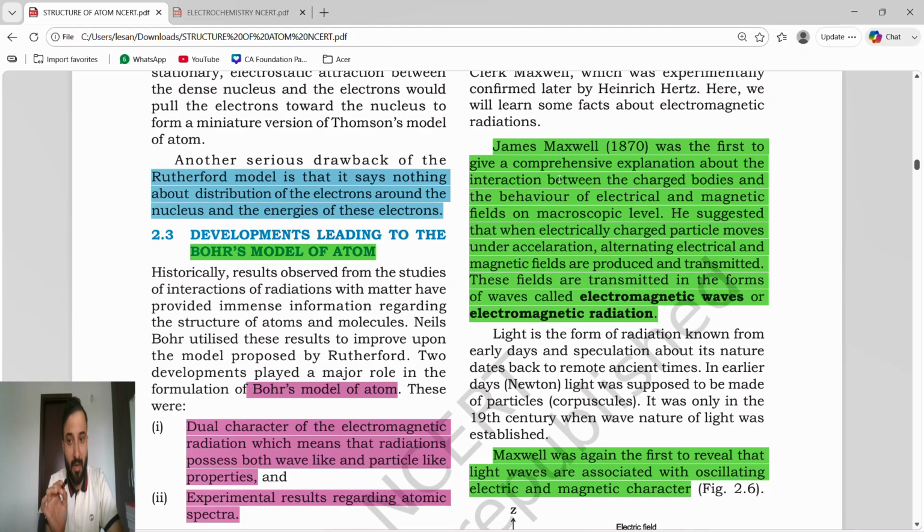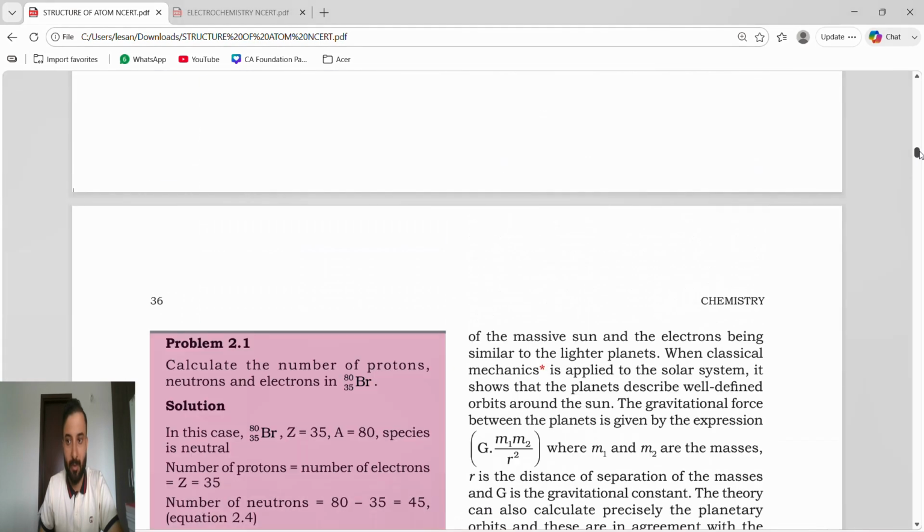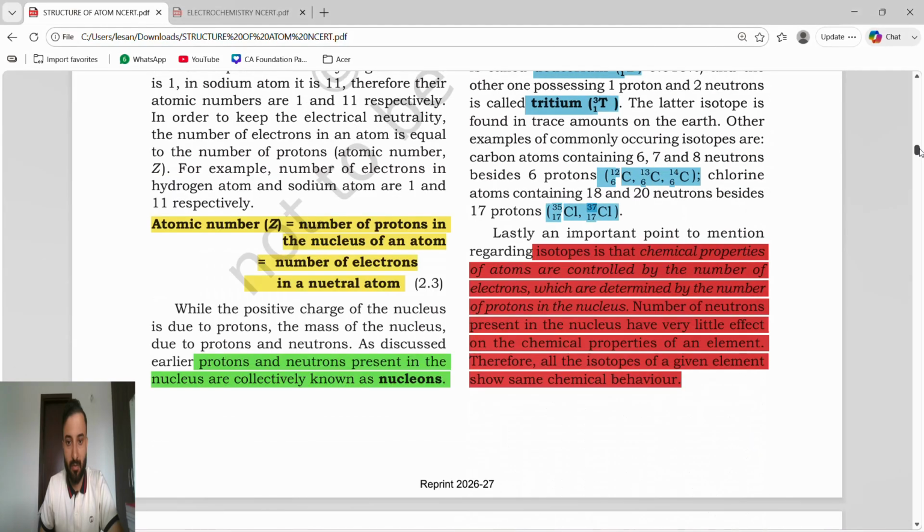And then what is happening, guys? We know that alpha particles are passing through it, so here we take them as charged bodies. See, guys, this experiment.